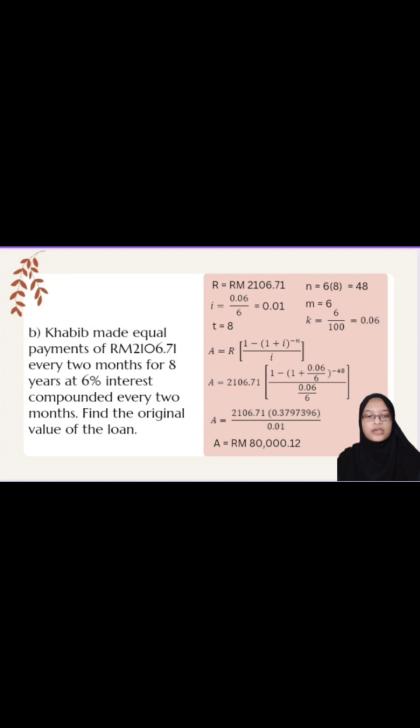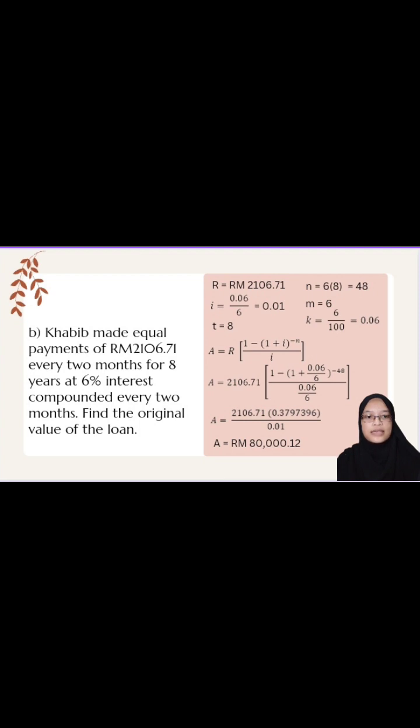The question asks to find the original value of the loan, so we need to use the formula of outstanding balance. We replace R as 2106.71 in the bracket 1 minus (1 plus 0.06 divided by 6) to the power of negative 48, over 0.06 divided by 6.